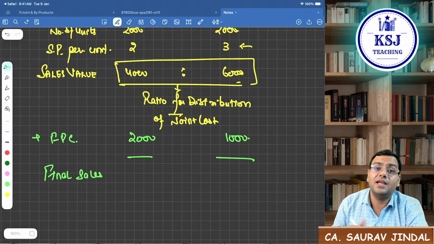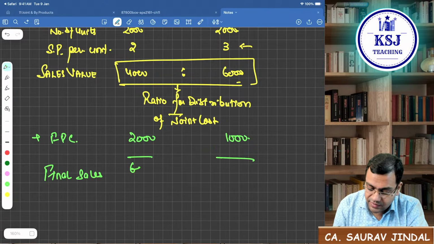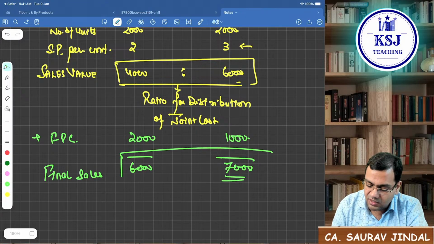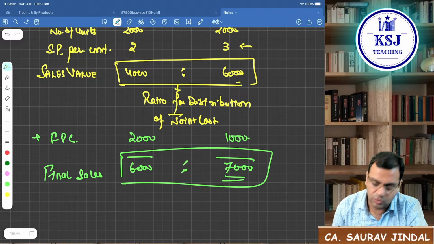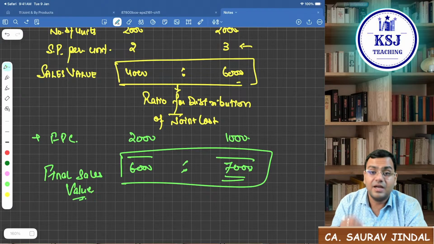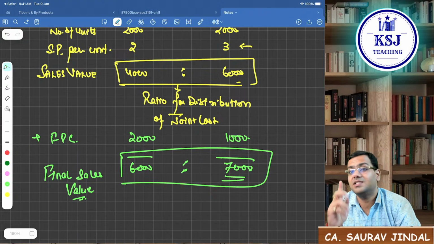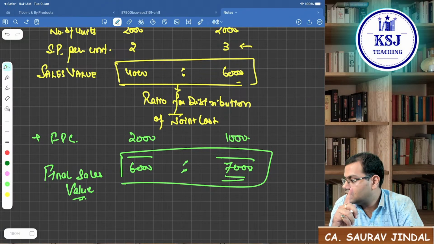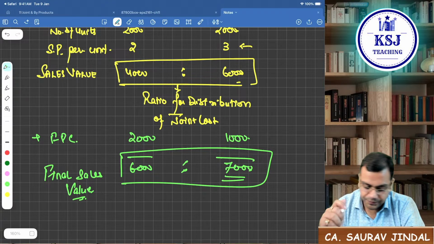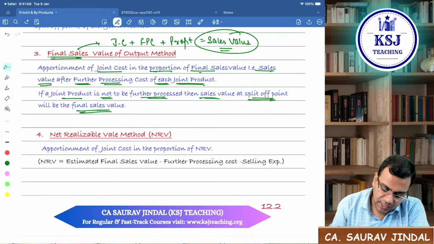If there is any extra selling and distribution cost incurred, then we will add that also. So this will now be the final sales value, and this will become the ratio. Again, it has to be the value, not the selling price per unit. It is the sales value that matters. Clear with this? So 3 methods we are done with.